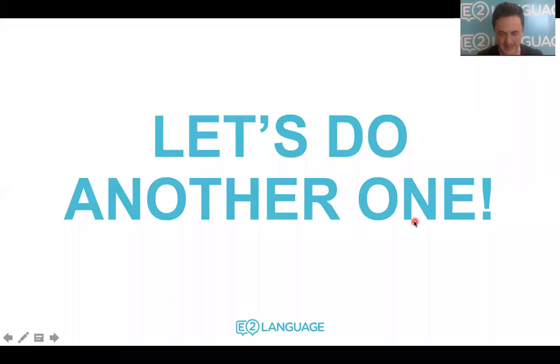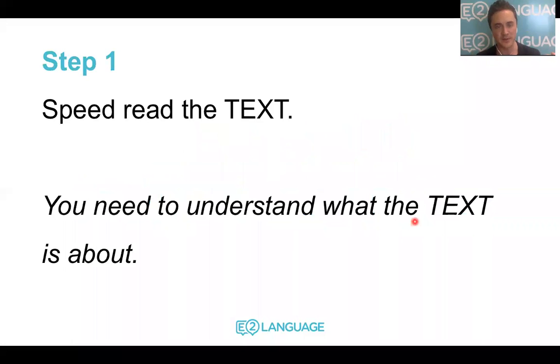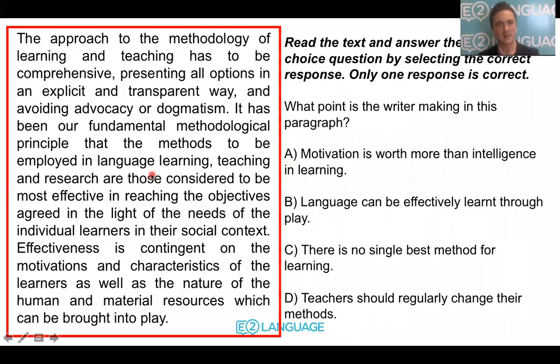Right, so we've learned the steps. Let's go through them again, and let's do another question, and I'll leave it more for you to do rather than me, okay? Step 1, speed read the text. You need to understand what the text is about. Please speed read this text. I'll give you 30 seconds.